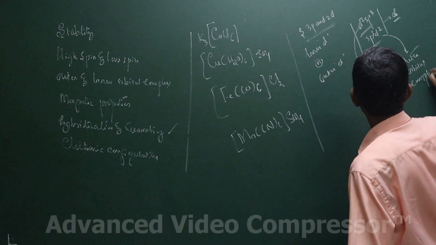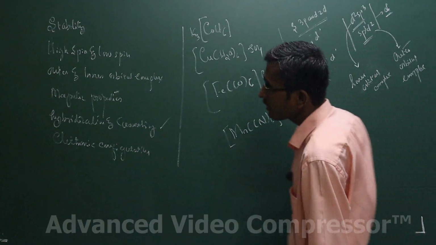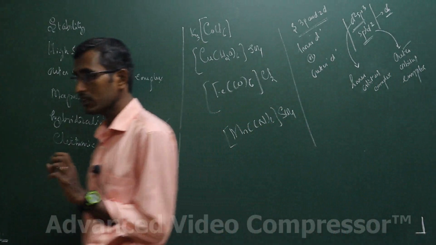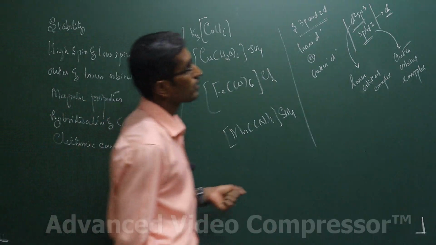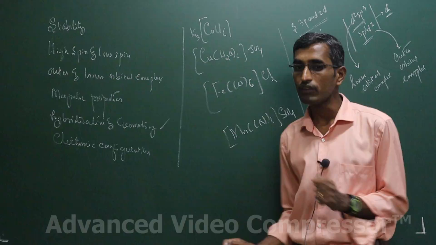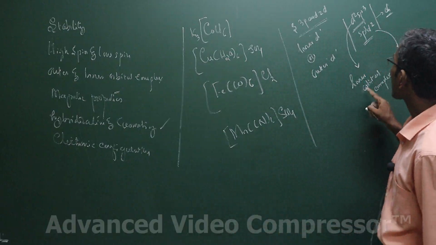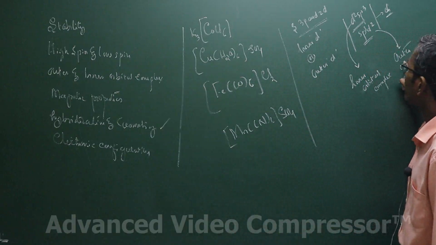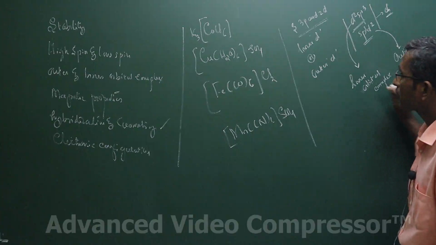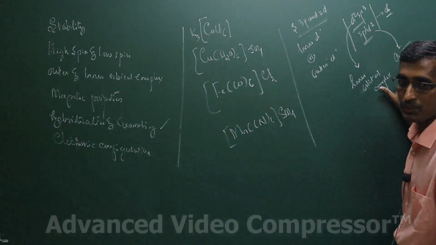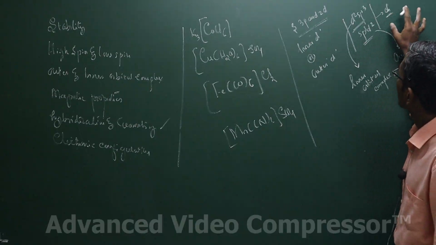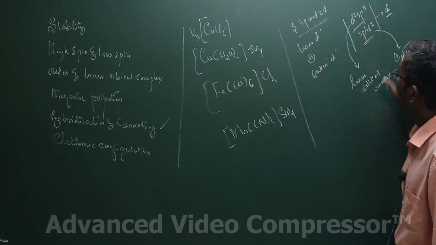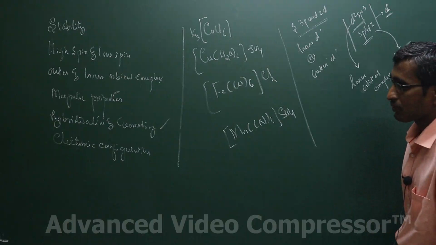Try to understand, two ways to look at it. Either the involvement of the inner d orbital takes place or the involvement of the outer d orbital takes place. Accordingly, we name it either an inner orbital complex or an outer orbital complex. One of the questions which could be asked. Very clear. So you know the hybridization, the geometry, and whether it is an inner orbital or outer orbital complex.